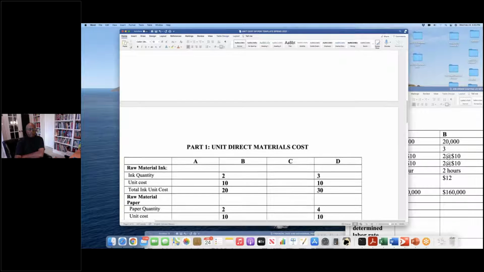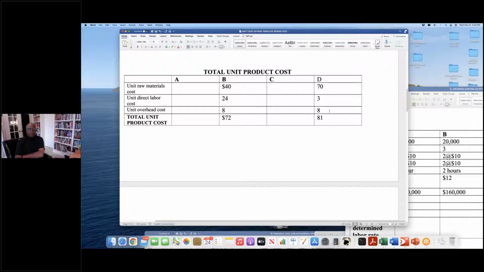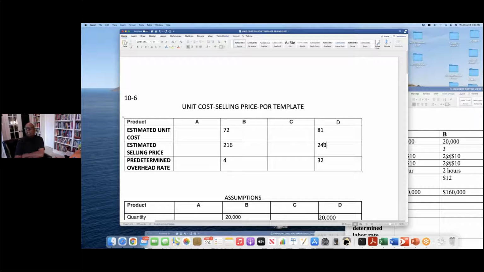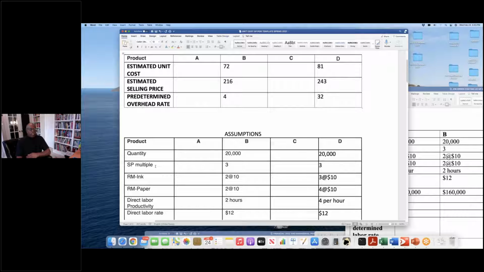That's why I asked you, how did you get 81 and 243? When 81 is wrong, then the selling price is going to be wrong. How did we get that selling price? Our 70, and then when we times it by 3. Selling price multiple, 3, correct.